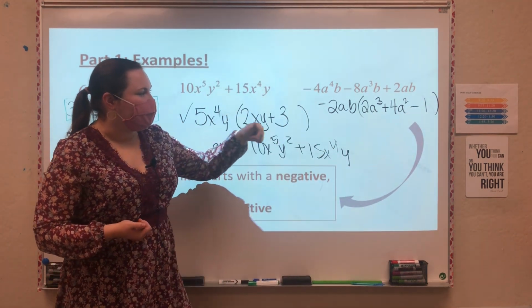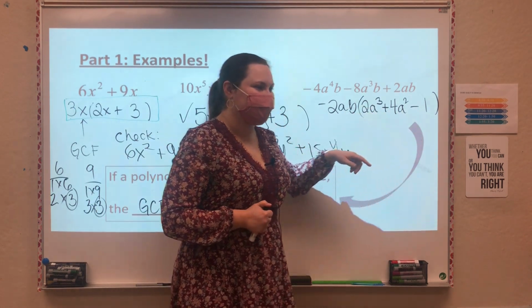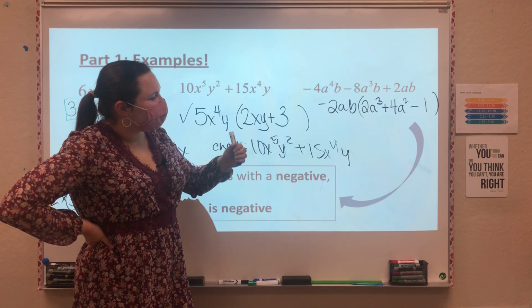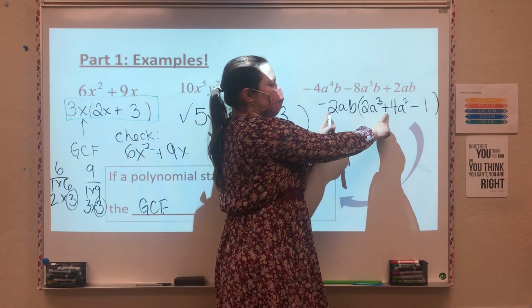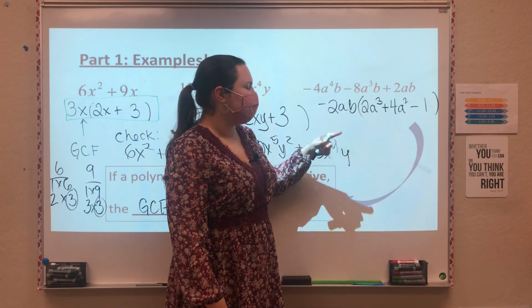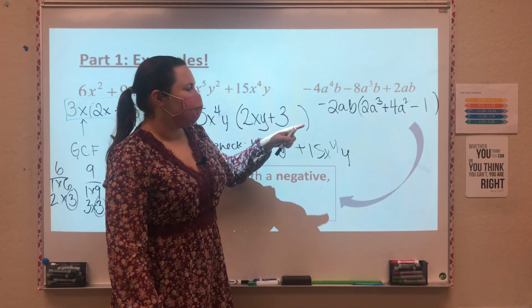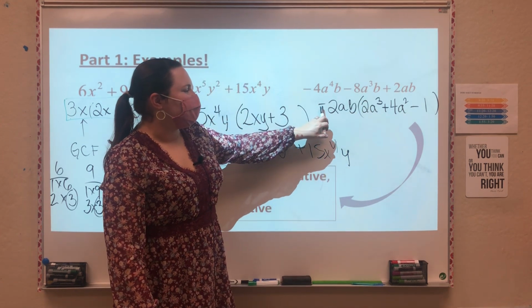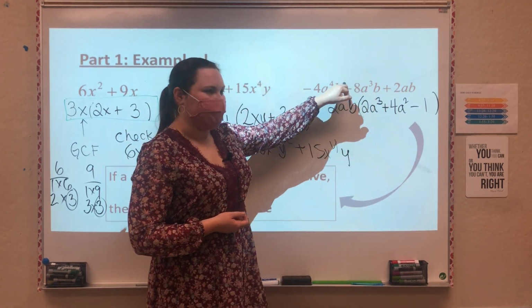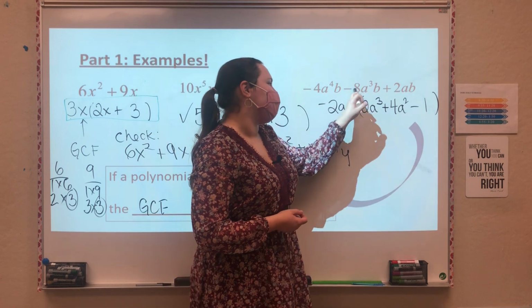Can I hear what you're thinking when you're saying like plus and minus? Because if it was minus 4a to the 2nd, then you would be negative times a negative, which would be a positive, and that's not what the original was. So what I hear you saying is you're thinking through the rules, like negative times what sign would give me a negative. Negative times positive would give me a negative.